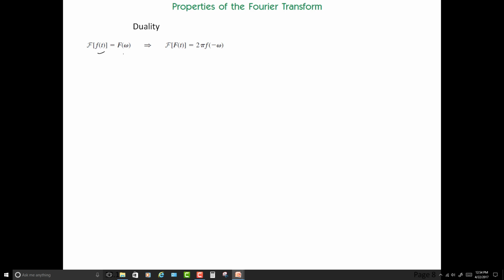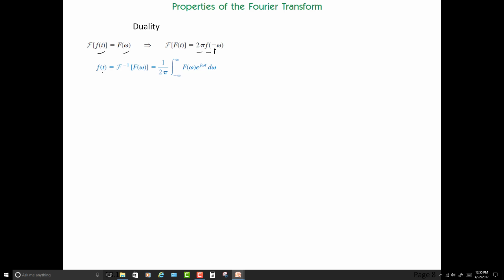If the Fourier transform of f of t is f of omega, then by duality we're saying the Fourier transform of the Fourier transform in the time domain is equal to 2 pi times the function of minus omega. So the function in the frequency domain, or the minus of the frequency domain. So let's see how we might get to that.